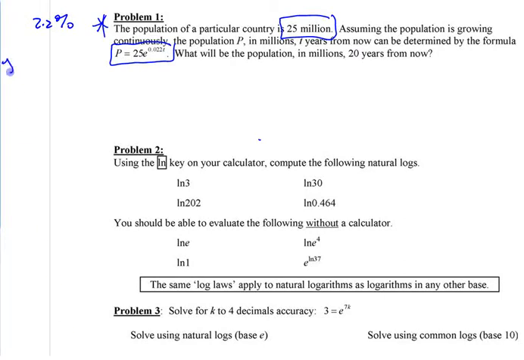You would say y equals 25 million times 1.022 to the t. But here with base e, and you're not going to have to write these yourself. You're just going to have to be able to work with them if you're given that. I didn't give you the percentage in here.